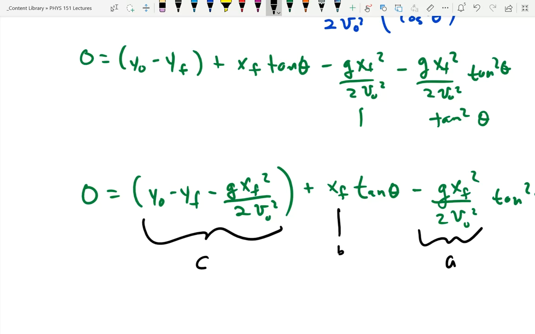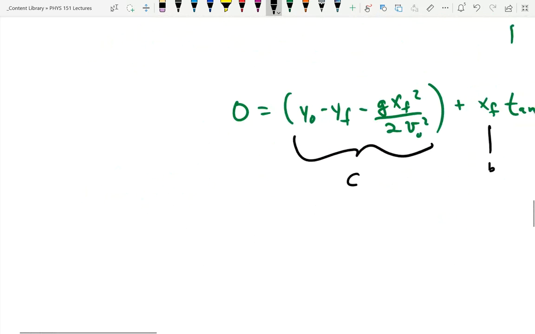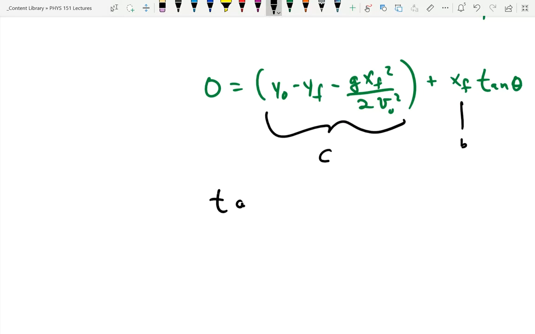Now, because there's only 3 minutes left in the class, if you put in those values, substituting what Y0 is, what Y final is, what G is, what X final is, and what V0 is, you plug in all of those, you end up with, jumping just to the solutions, theta is equal to either 47.49 degrees or 50.11 degrees.